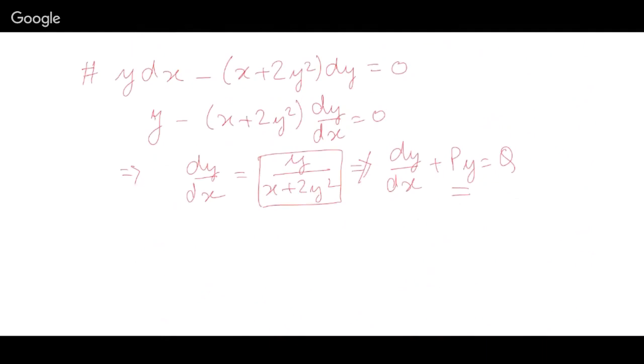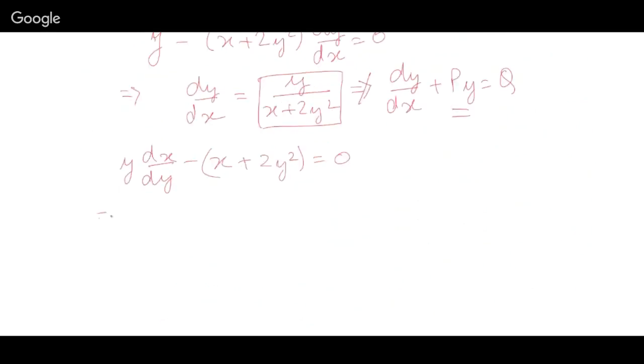So now let's try out the other form. In that other form, we will now divide the given differential equation by dy. So what we get over here is y dx by dy minus (x plus 2y square) is equal to 0. Now divide throughout by y, we get dx by dy minus x by y minus 2y is equal to 0.